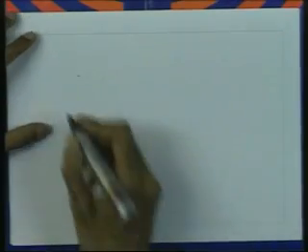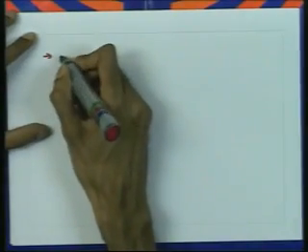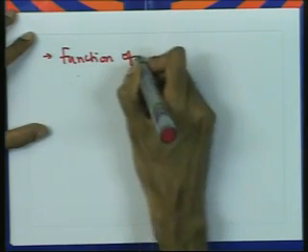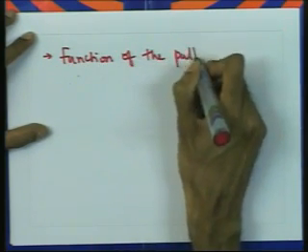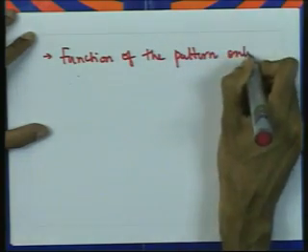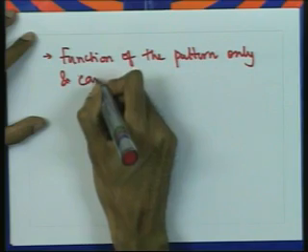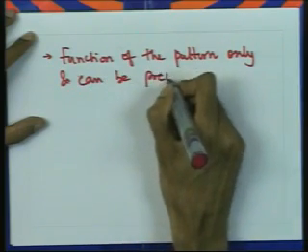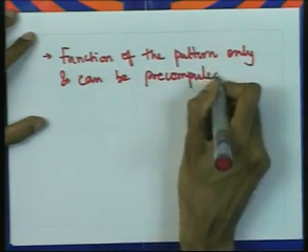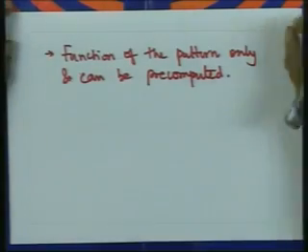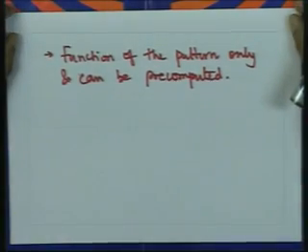So then the crucial thing, the thing that we want to find out, is this. The first thing is that this quantity is a function of the pattern, and can be pre-computed. So I can pre-compute this value, as to for each mismatch how much to shift it by.